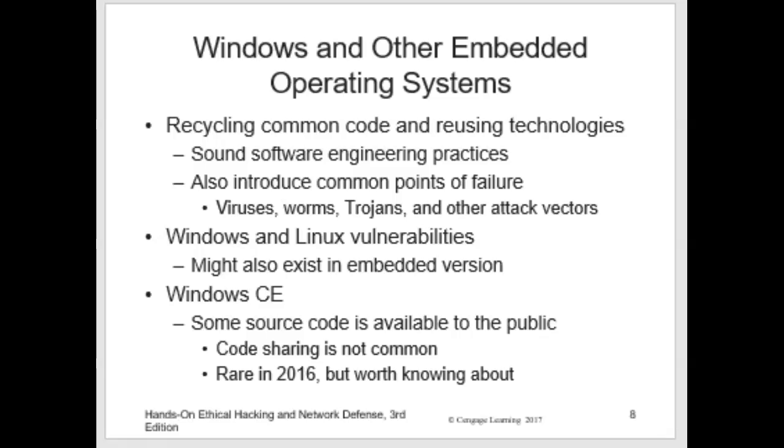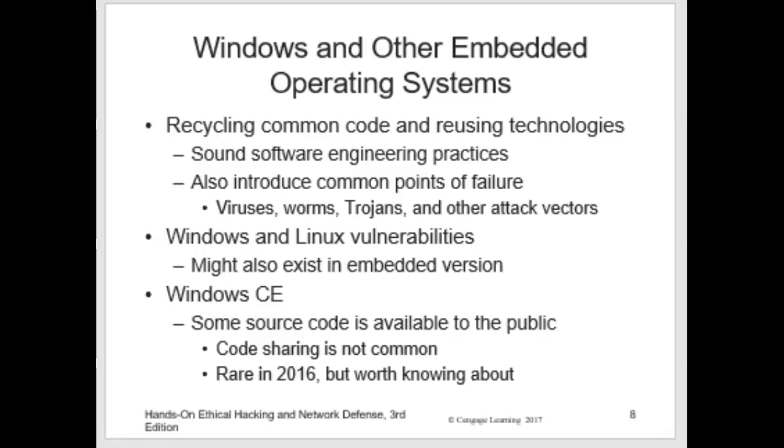So Windows and other embedded operating systems often use recycled code. This is common, a reusing of technology. This is really sound software engineering practice. It's called code reuse. Unfortunately, these practices introduce common points of failure, right? Because shared code increases the impact of a single vulnerability.